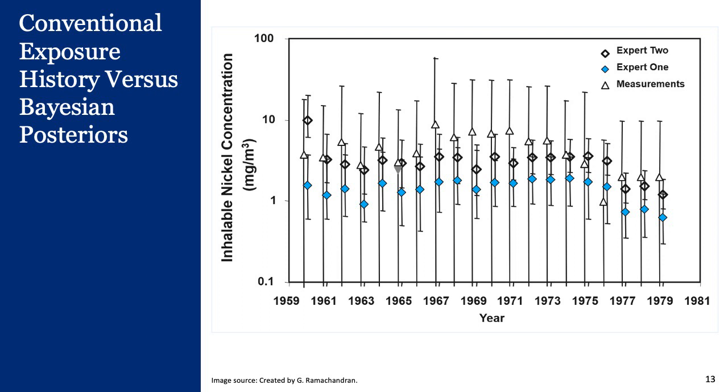And these are from the same graph I've shown you earlier, where we have these enormous error bars that make it virtually useless for the purpose of exposure reconstruction and epidemiological analysis. And then we have the solid and hollow diamonds. Those show the exposure estimates from the two experts, along with exposure models and Monte Carlo uncertainty analysis. And so we see that we have reduced the uncertainties tremendously, so that we have now an exposure reconstruction that can be actually used for epidemiological analysis.